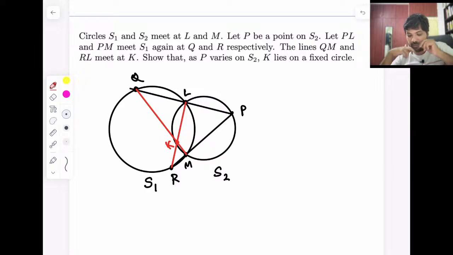There's nothing in this problem, right? Two circles meet at L and M. PL and PM go and meet at R. Yeah, this seems very general. Why is K moving on a fixed circle? Why don't we just call this angle alpha and start chasing? I guess that's it. Maybe there's nothing more.